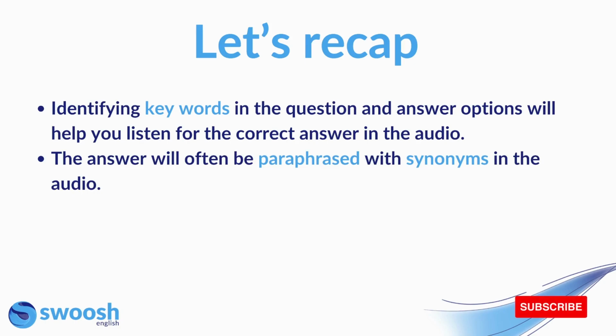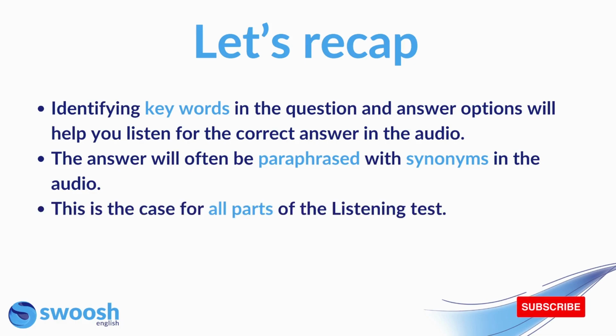The answer will often be paraphrased with synonyms in the audio, so you must be prepared to listen out for this. And this is the case for all parts of the listening test. So this method, looking for keywords and listening out for synonyms and paraphrasing, will help you to identify the correct answers for parts A, B, and C, and hopefully improve your overall score.